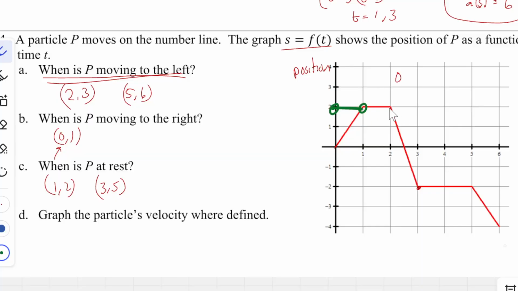So the velocity at the corners is undefined, right? I can't gauge the slope there. All right, from 1 to 2, it was 0. And then it was -4. Then it was 0. The slope of this one was -2.